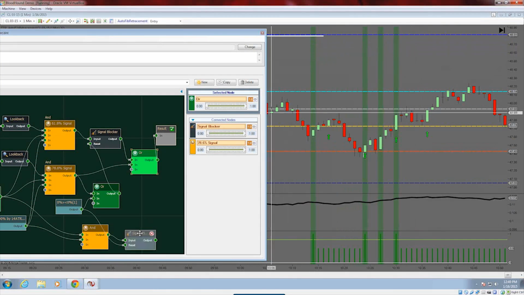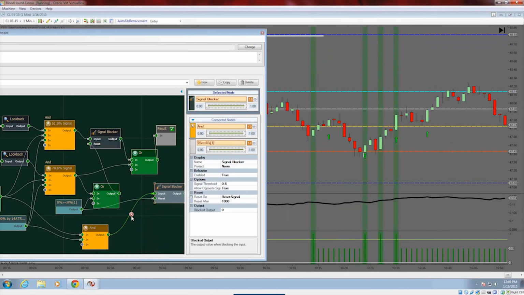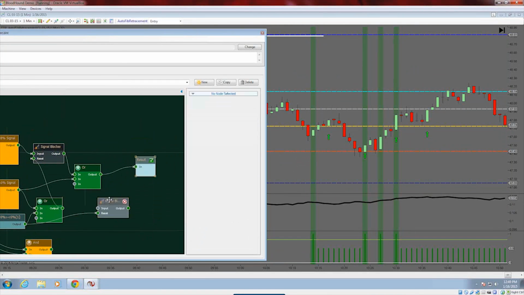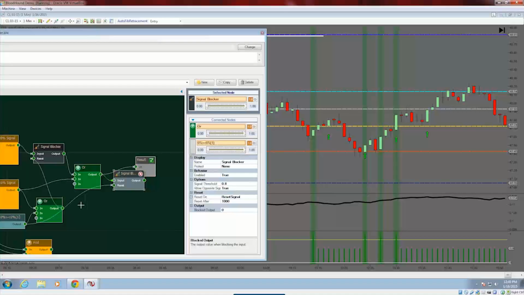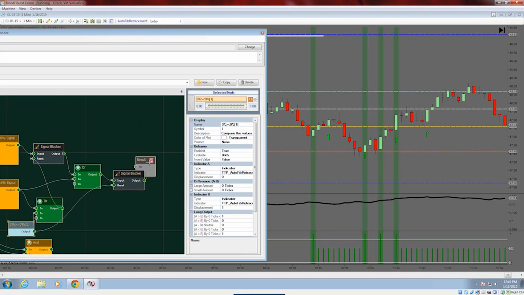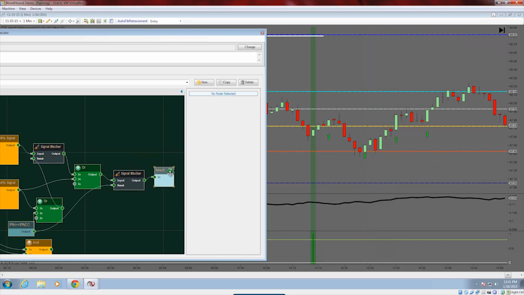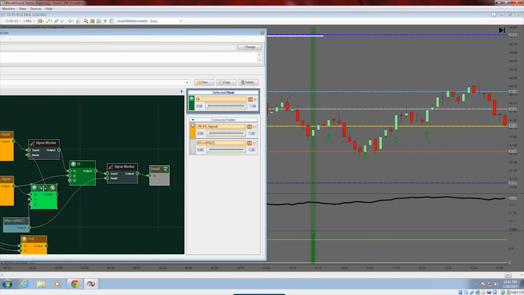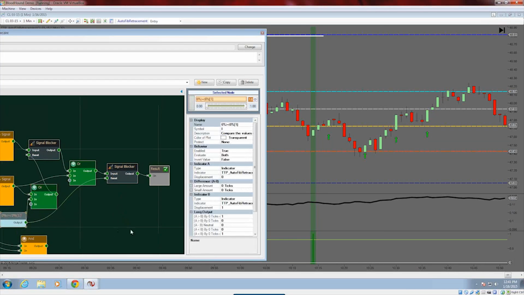Now what I need to do is use this signal blocker from right here. But I need to allow, let me think about that. I need to allow two possible trades. So I need to use a counter and an if-then. This is going to get complex in a hurry. Well, it's already complex.